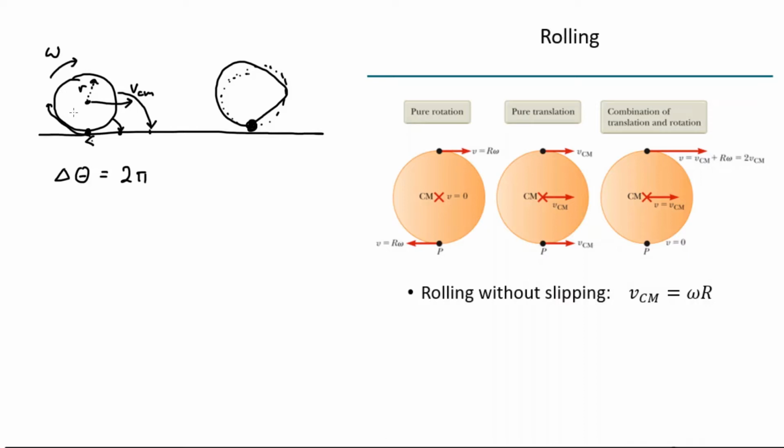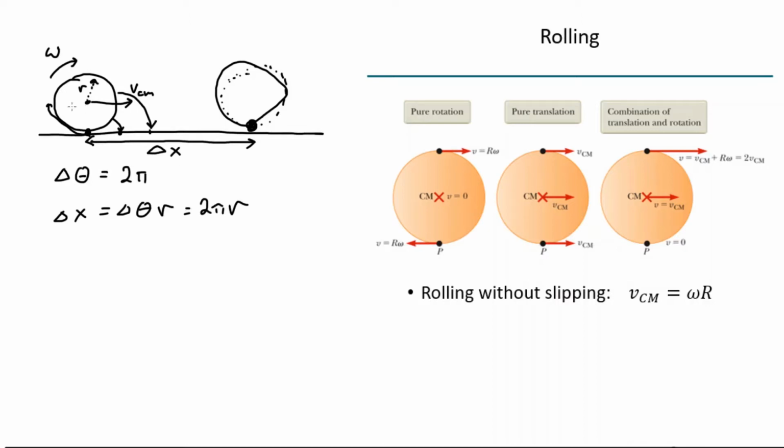At the same time, all the points on the wheel have to have touched the ground. So this delta x, this distance the center of mass of the wheel moved, has to be the same as the circumference of the wheel. That is, delta x has to equal delta theta times r, which is 2 pi r, the circumference of the wheel.